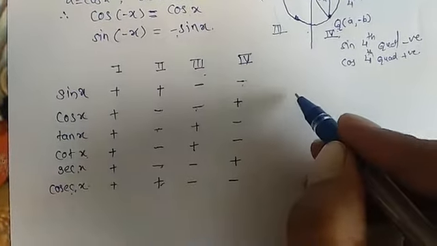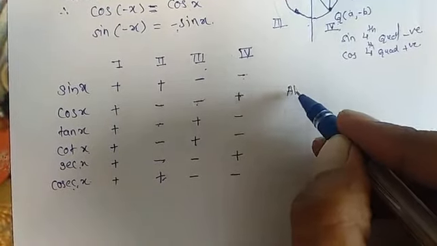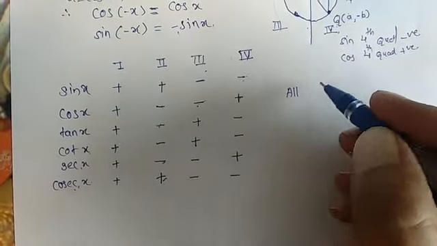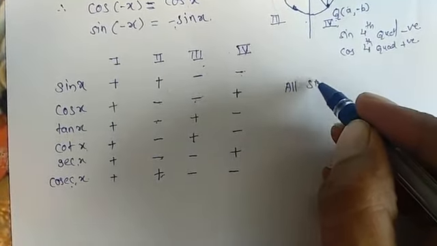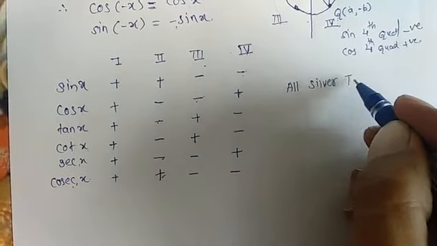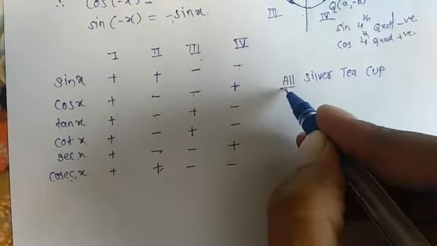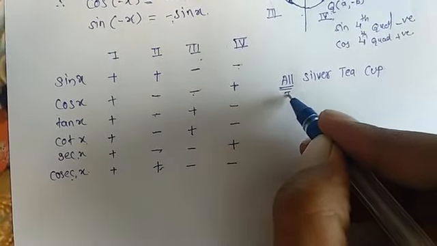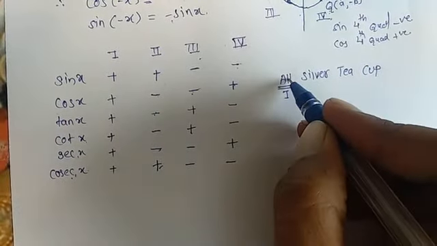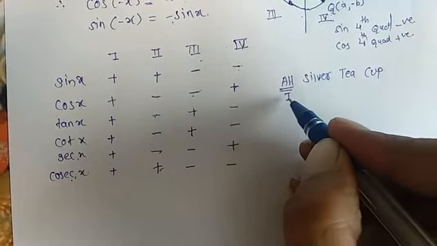Or you can remember this statement: all silver teacup. In that, all means in the first quadrant all the trigonometric functions are positive.